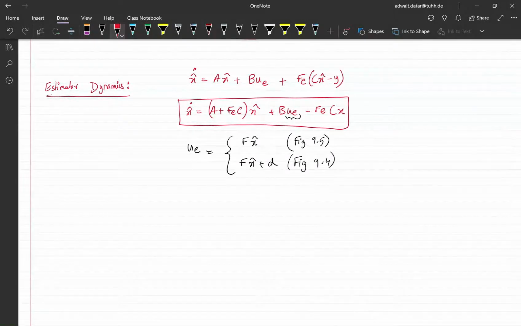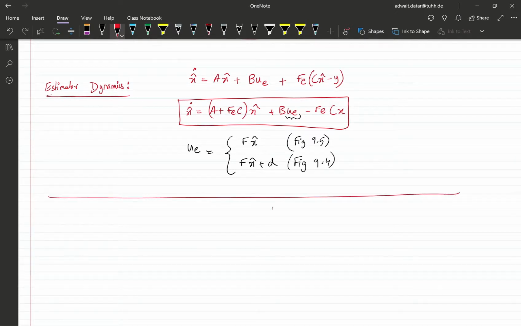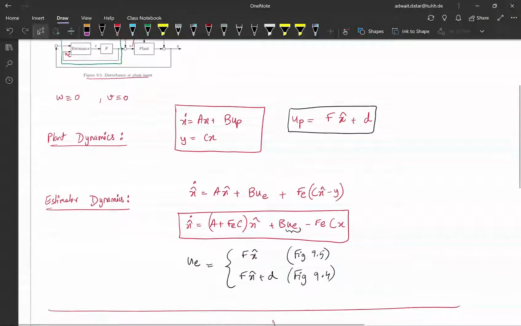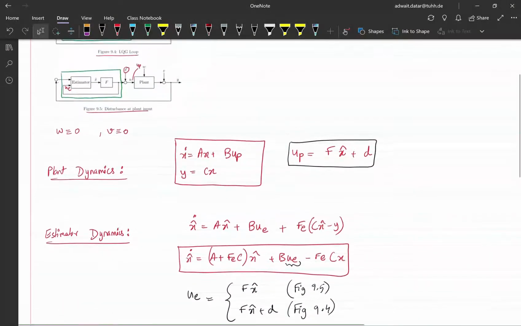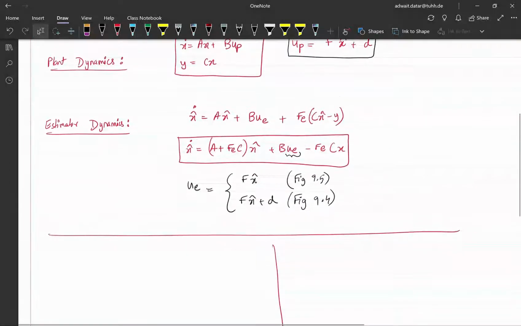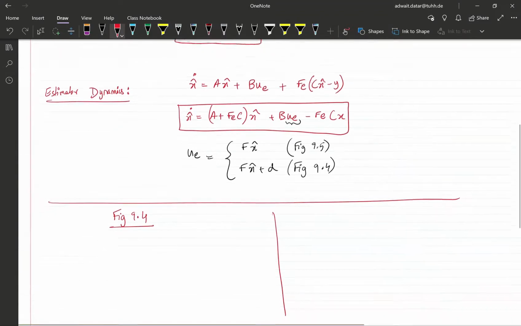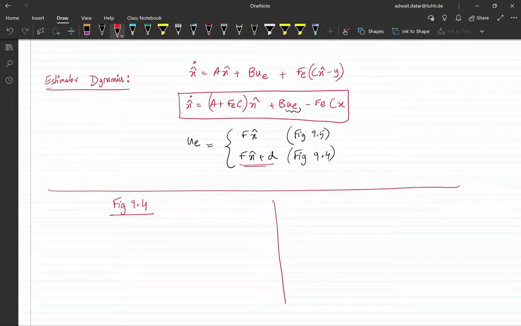So now let's write down the closed loop dynamics for these two cases below. So let's first do it for figure 9.4, which is this one.